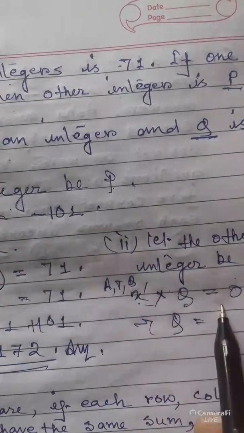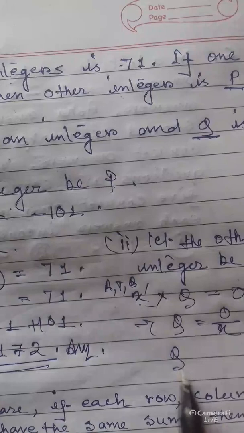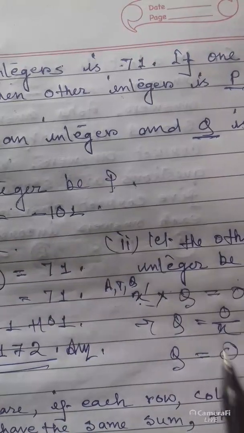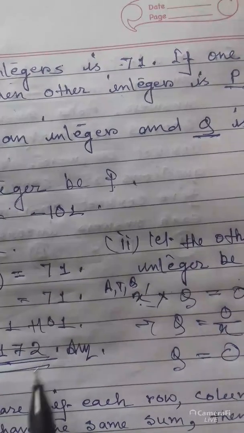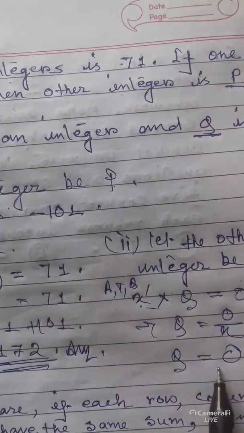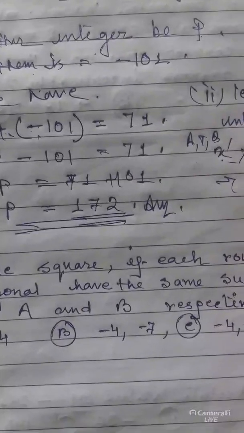So q equals 0 by x, which means 0. So the answers are p equals 172 and q equals 0.